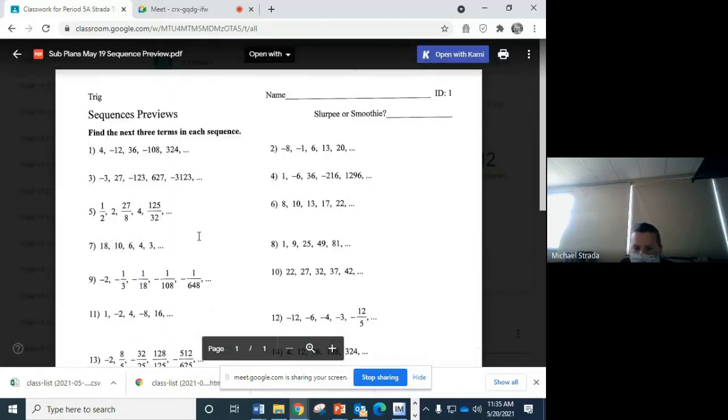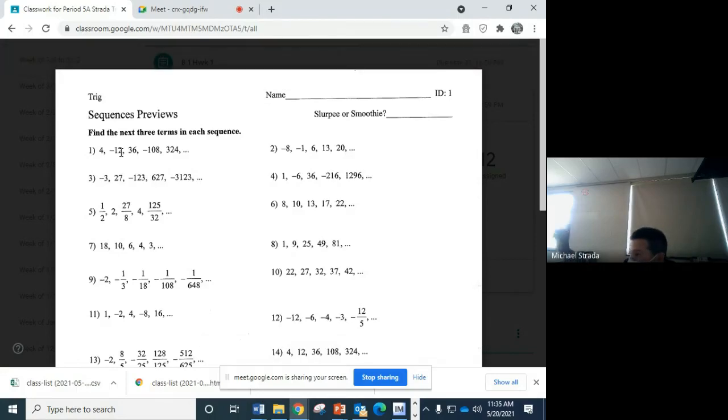All you have to do is find the next 3 terms in each sequence. So, for example, in number 1, we're multiplying by -3 each time. So there you go. If you need a hard copy of it, it's right there. And that is due Monday. Again, answers only. All right?